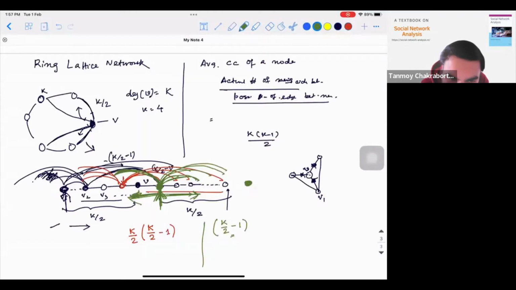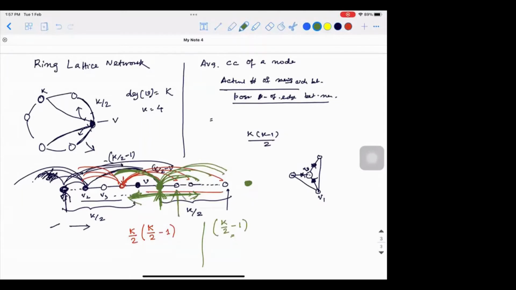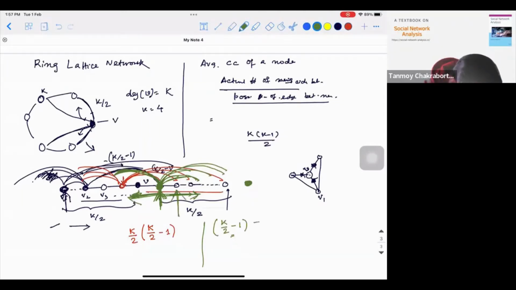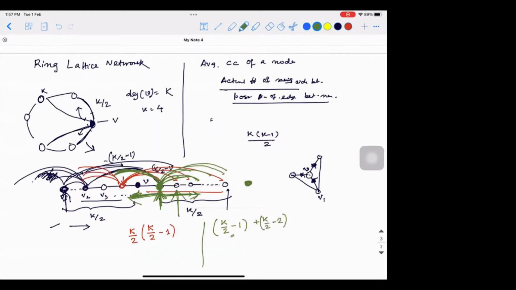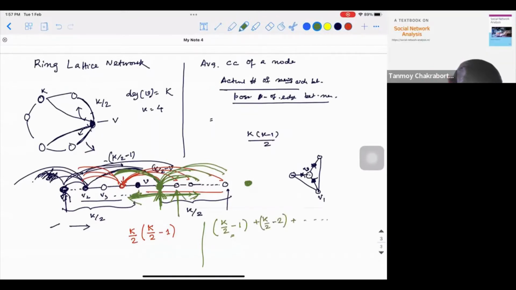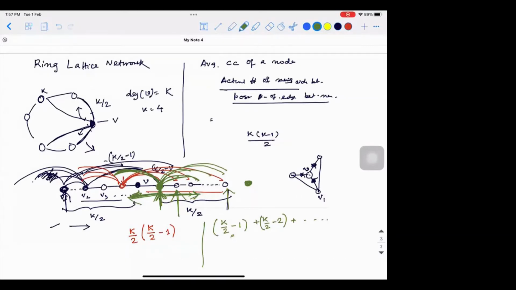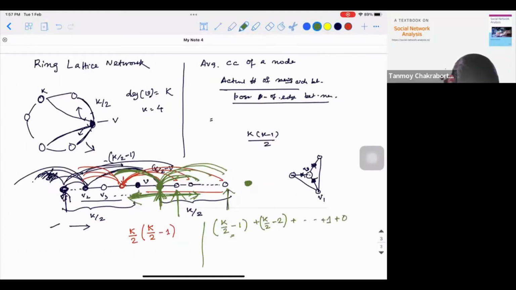Think about it. Okay. What about the next one? The next node, k by 2 minus 2, dot dot dot. If you look at the farthest rightmost neighbor of V, zero. So 1 plus 0, right?